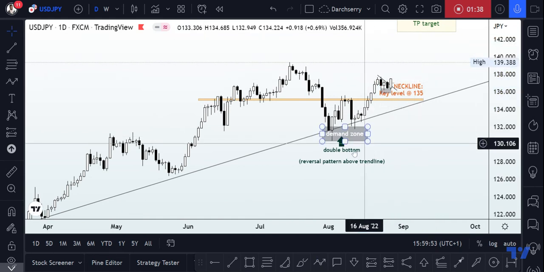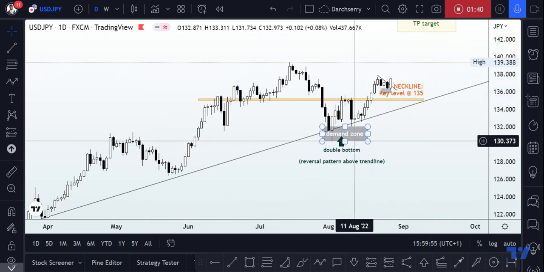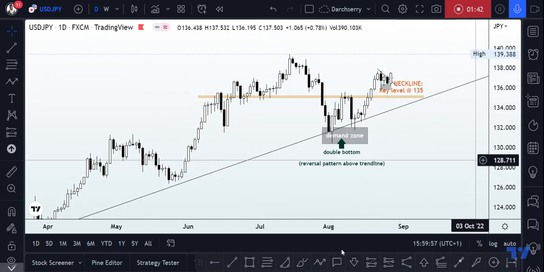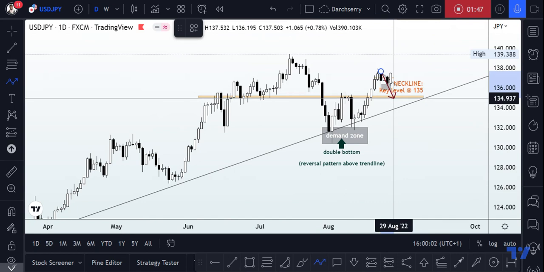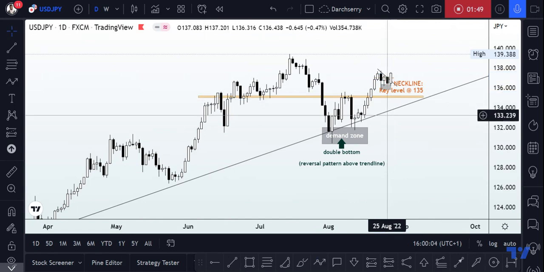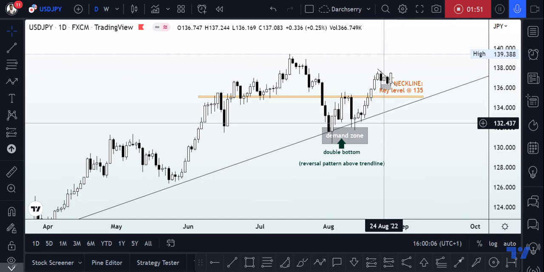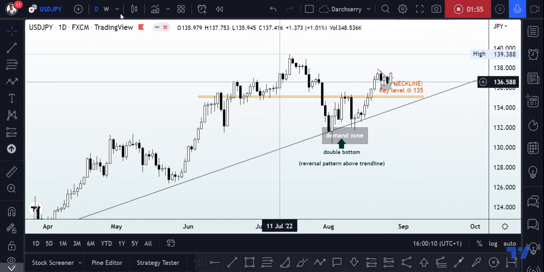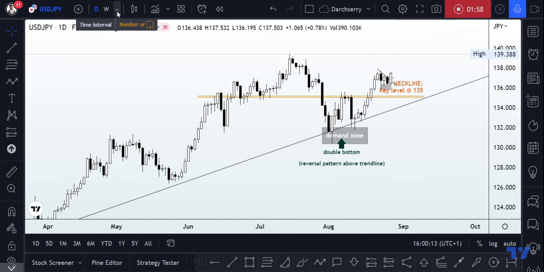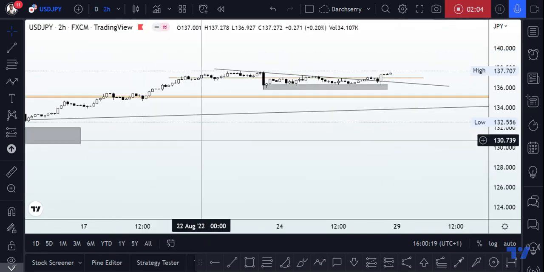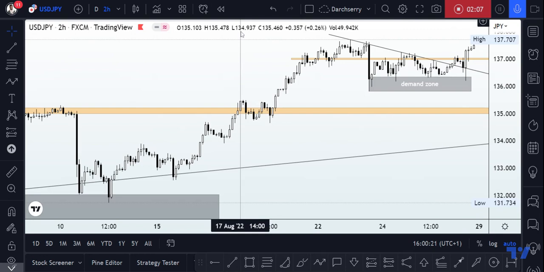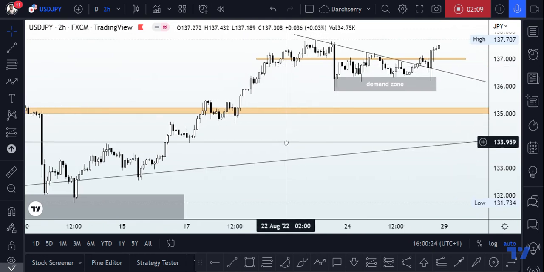But unfortunately, all attempts for the sellers to push price to the downside right back into the neckline proved abortive, as we had a structure on the lower time frame that was unable to give the sellers the momentum they are looking for. So let's scale down to the 1 hour time frame where I will be sharing with you how that scenario happened.